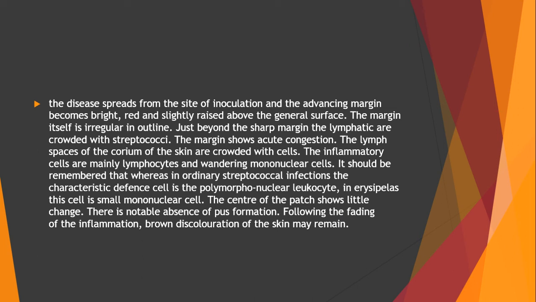The inflammatory cells are mainly lymphocytes and wandering mononuclear cells. It should be remembered that whereas in ordinary streptococcal infection, the characteristic defense cell is the polymorphonuclear leukocyte, in erysipelas this cell is the small mononuclear cell. The center of the patch shows little change. There is a notable absence of pus formation. Following the fading of the inflammation, brown discoloration of the skin may remain.